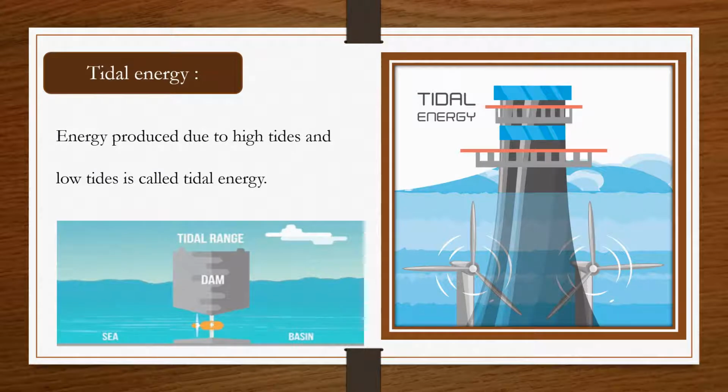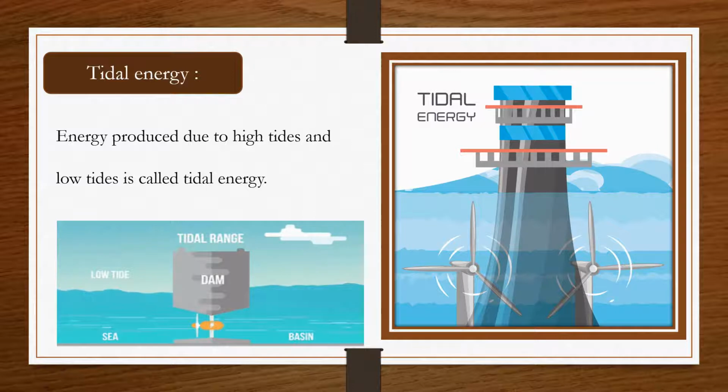Now students, what is tidal energy? Energy produced due to high tides and low tides is called tidal energy. Tidal energy is produced by the forward movement of ocean waters during the rise and fall of tides.